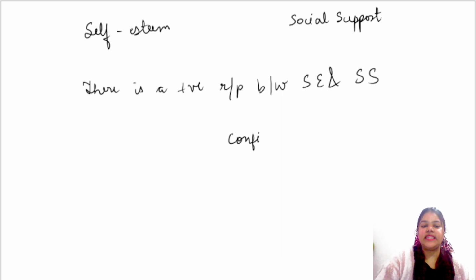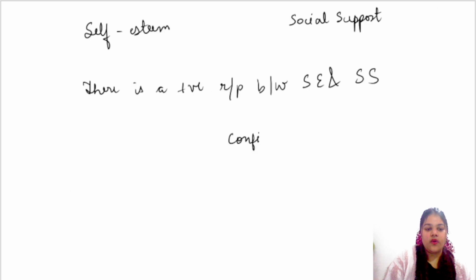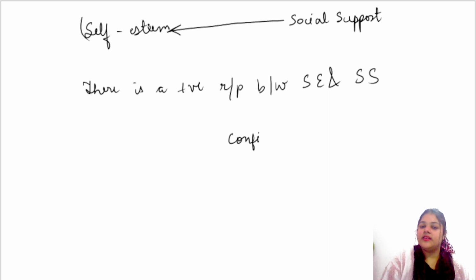So now let us understand what is hypothesis and how we should write a hypothesis. So it should define a systematic relationship between an independent as well as dependent variable, right? So herein, as I have taken two variables, social support and self-esteem, I am saying that social support will have an impact on self-esteem of a particular individual.